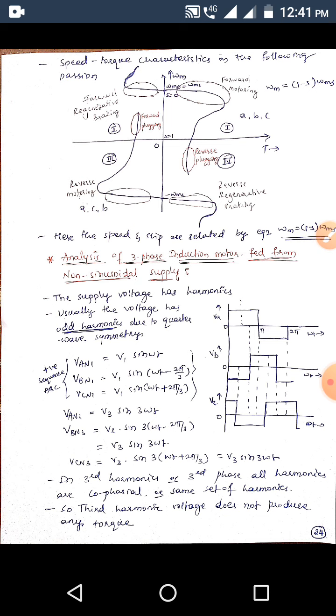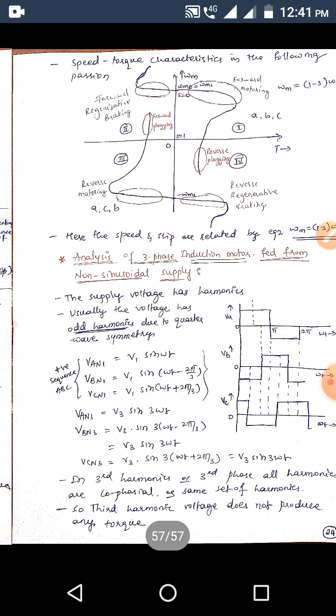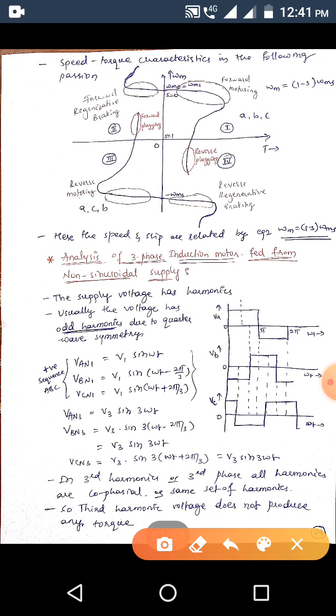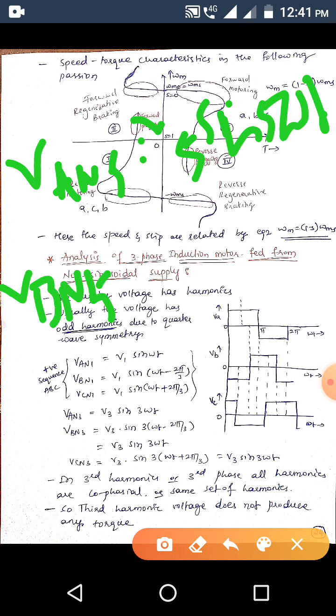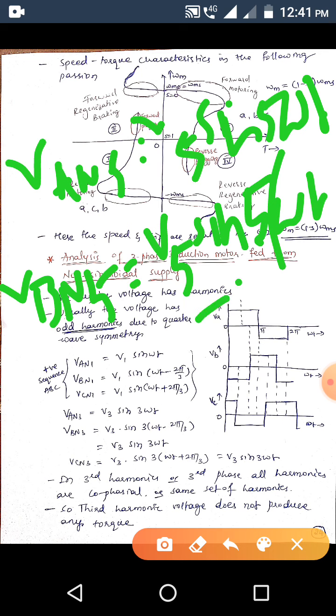Okay, in the same way, if we write the harmonics for the fifth harmonic, then Van5 will be V5 sin 5 omega t, then Vbn5 is equal to V5 sin(5 omega t minus 2 pi by 3).